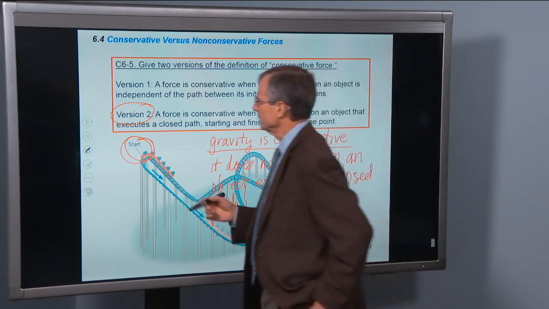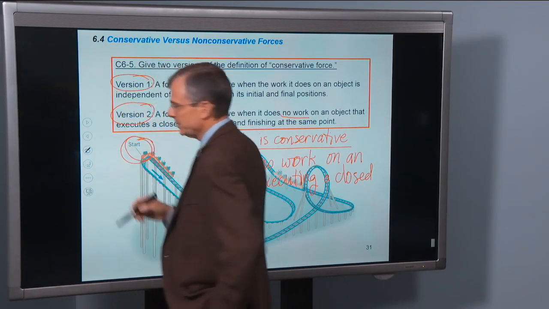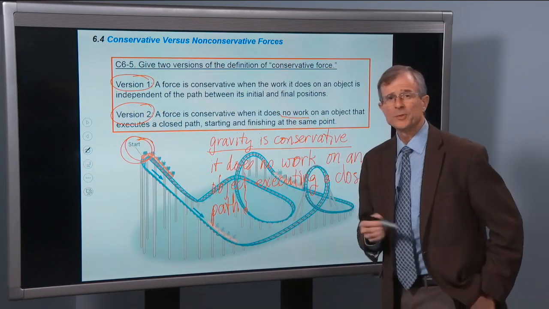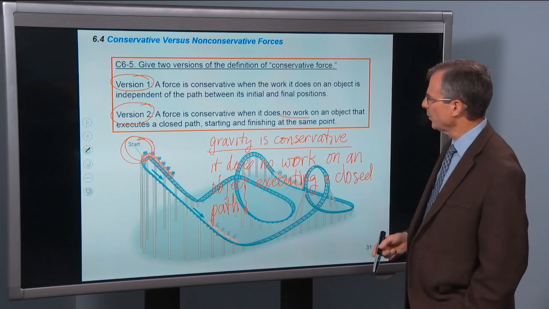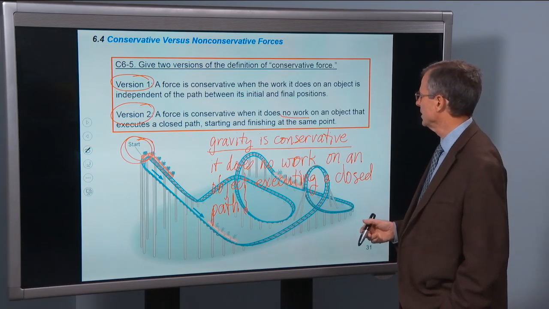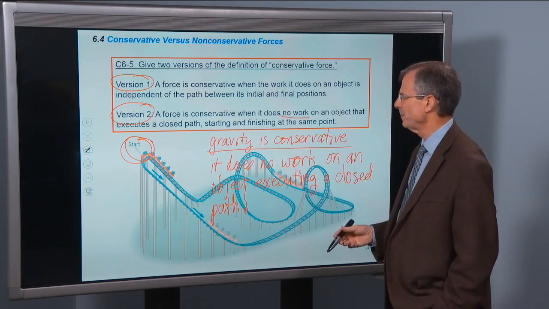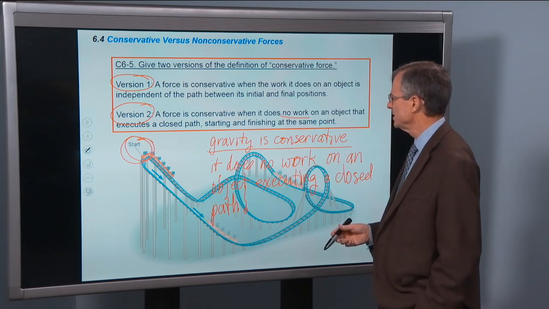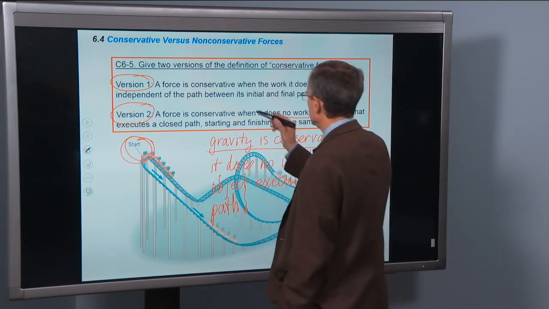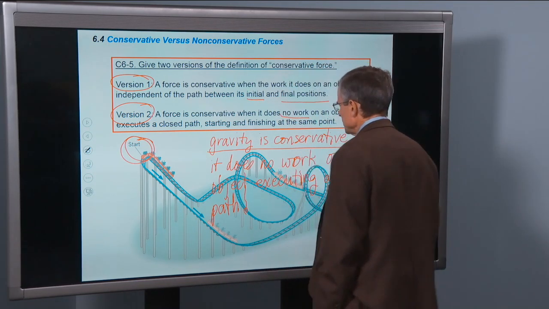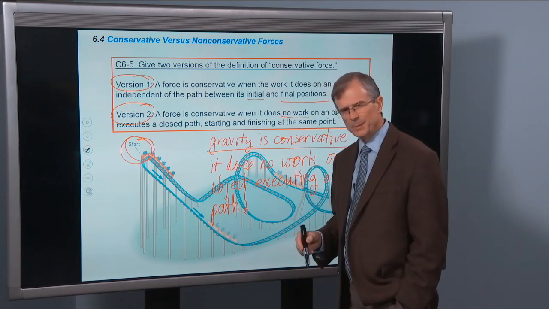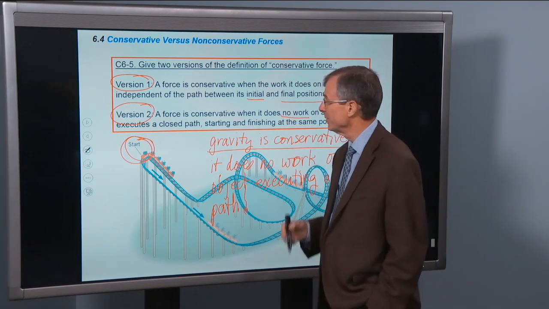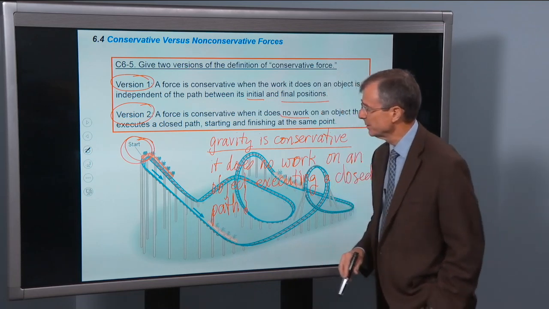Here's the other version, and these two versions are actually equivalent to each other. One can be proved from the other one. A force is conservative when the work it does on an object is independent of the path between its initial and final positions. So if that work done is independent of the path between the initial and final positions, then the force is conservative.